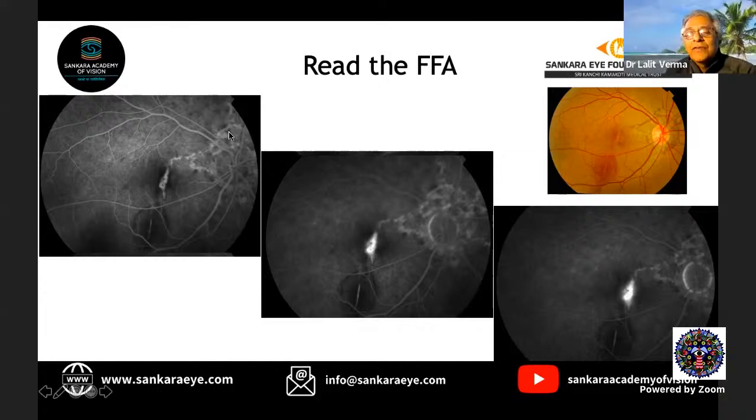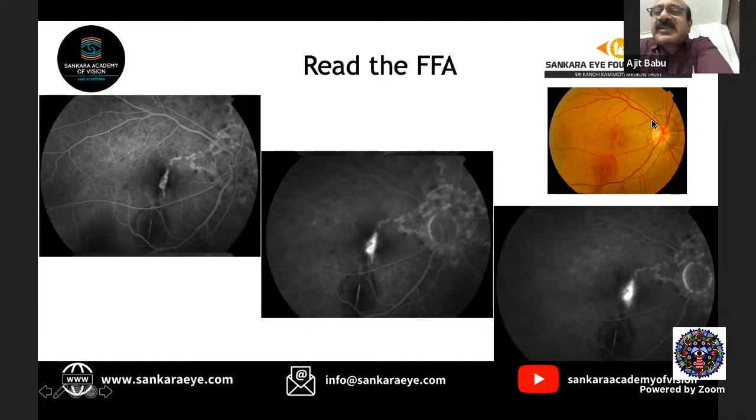Like the color photograph here shows around the disc there are some tracts, gray colored tracts, some running parallelly, some running circumferentially. First of all, the disc margins are very clear, and there are multiple brownish colored tracts extending both superior nasally as well as superior temporal to the disc.